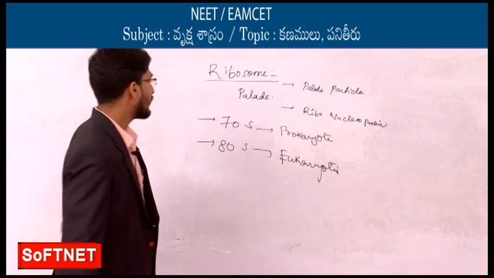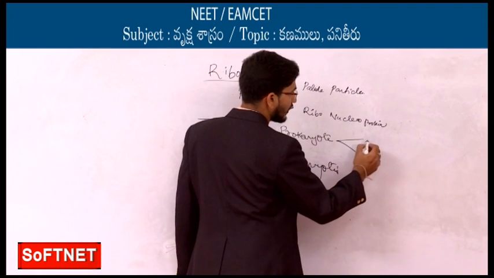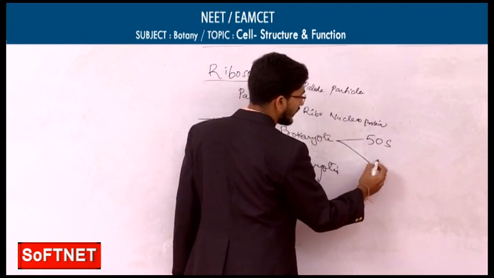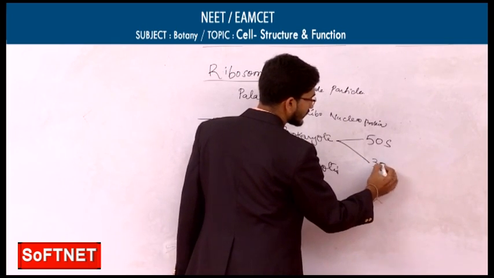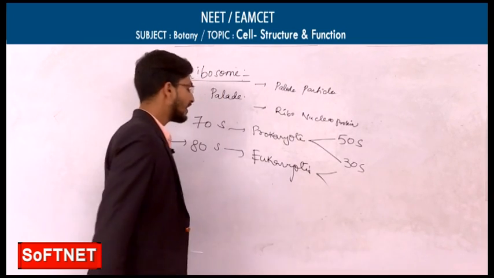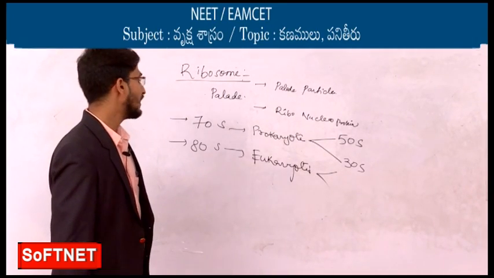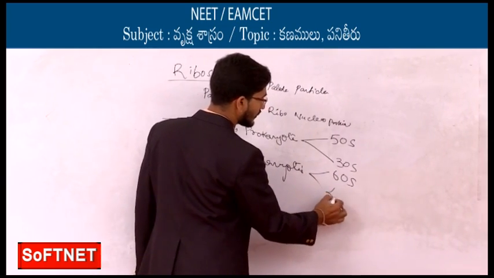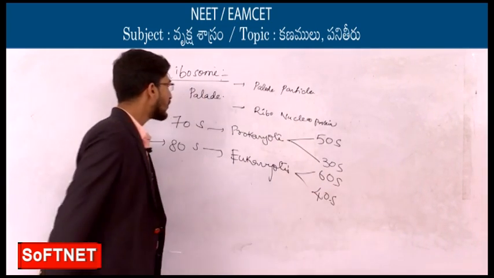These 70S ribosomes are made up of 2 subunits: one large subunit called the 50S subunit and also the 30S subunit. The eukaryotic ribosome is nothing but the 80S type of ribosome, which contains a 60S subunit and a 40S subunit. So what is S?